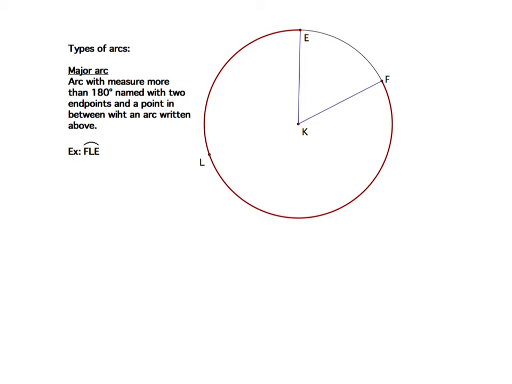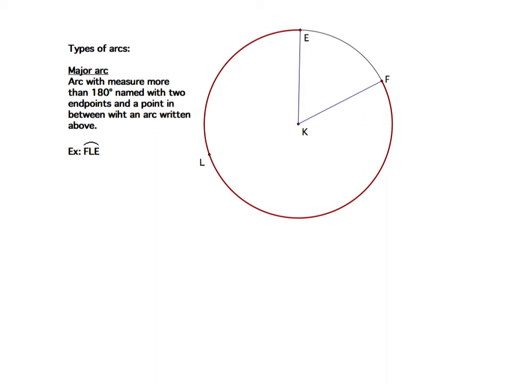So if there's only 2 points, it's always the shortest distance. So EF or FE would just be this short distance here. But then when I have a third letter, that tells me I've got to hit all these letters in this order. So I've got to go from F to L to E. That tells me that I'm doing this big outside arc here from F to L to E.